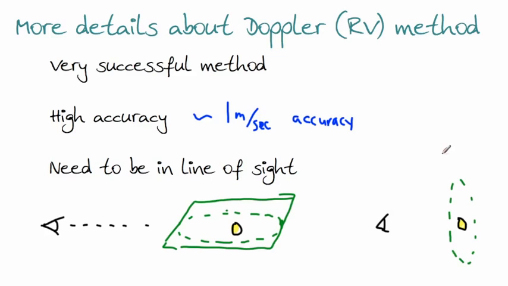Let's say this was your piece of paper now, rotated like this. We wouldn't really notice it because this planet would be making the star go this way and this way. So the radial velocity method wouldn't work very well because we wouldn't notice the star going towards us or away from us. Over here, it would go towards us and away from us if this is us looking at it. So that's something important here.